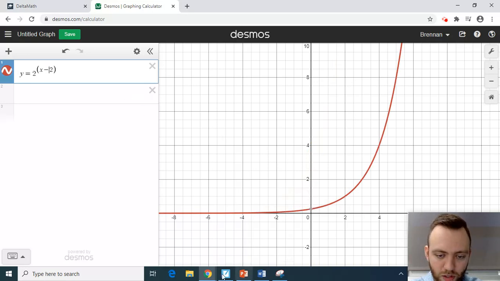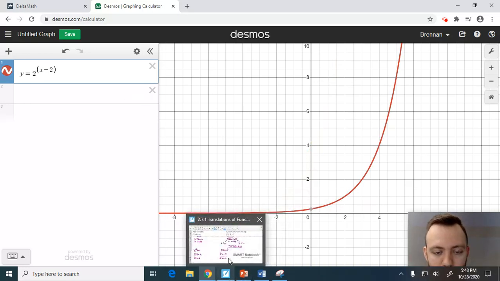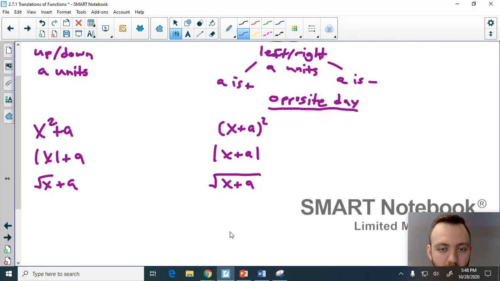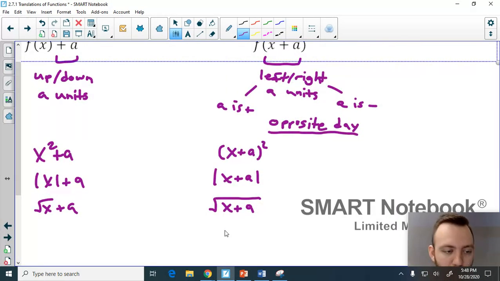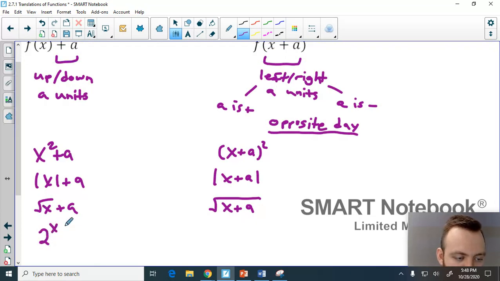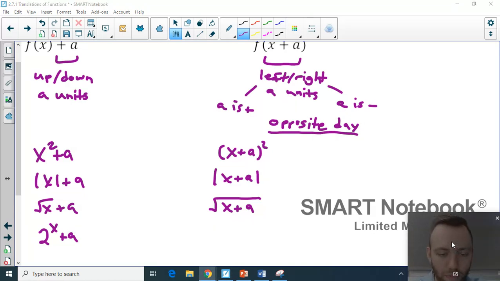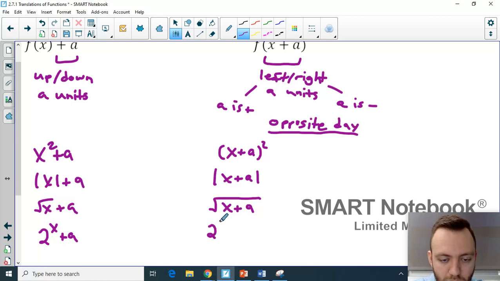So similarly, that one was a little bit different to think about, but if we have 2 to the x, plus a would be on the outside, and what would be considered on the inside would be 2, and then with the exponent. That means with the x.